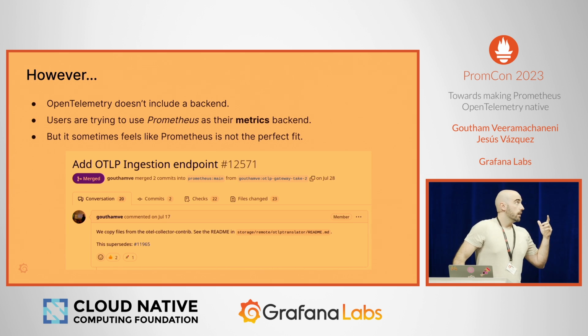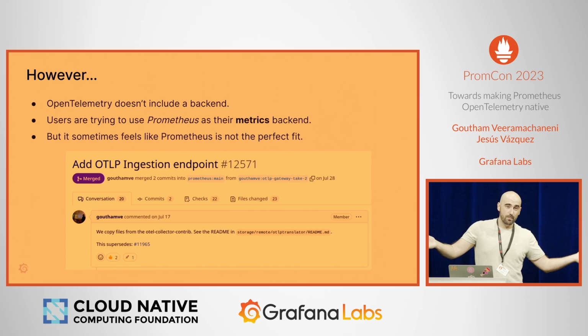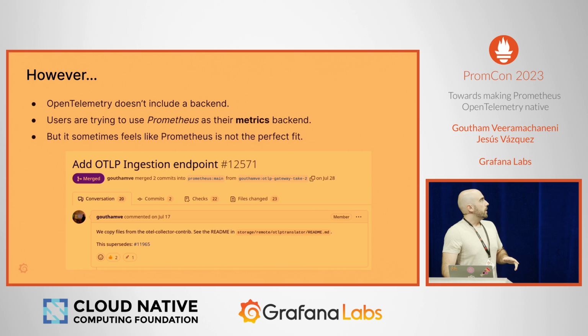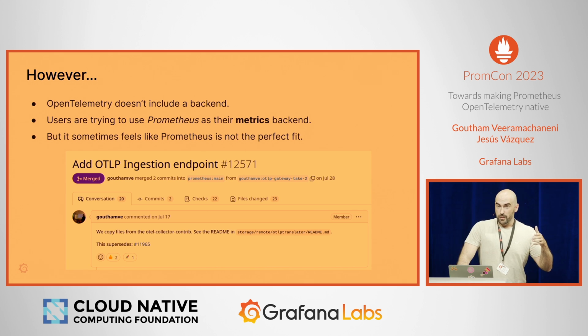Users who want to use their favorite metrics backend, Prometheus, see that it's sometimes not the perfect fit. Some things don't work as expected, sometimes samples are dropped that shouldn't be dropped, and sometimes it's hard to see the actual data that you sent.